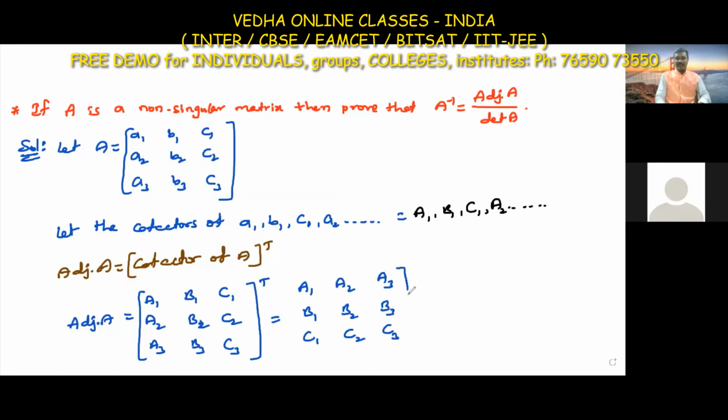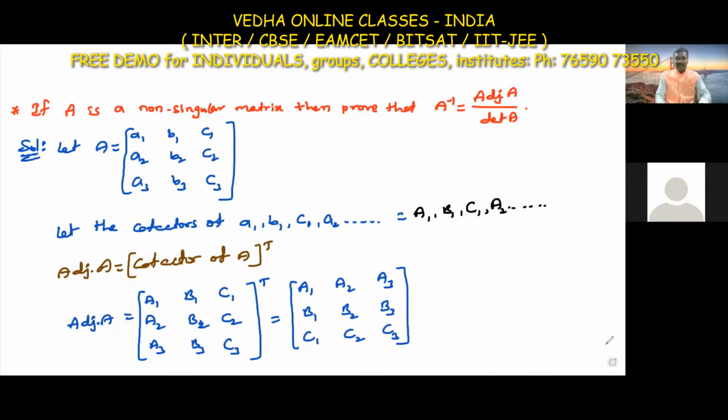This is the adjoint A. After getting the adjoint A, what he is asking to prove is A inverse is equal to adjoint A by det A.